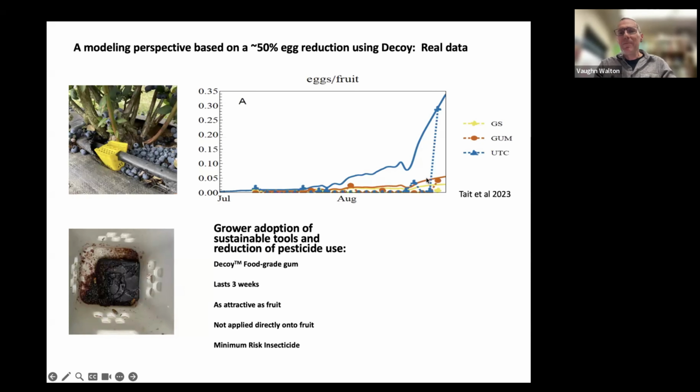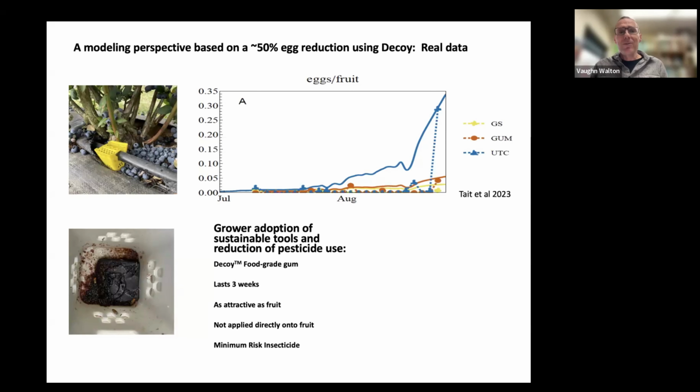Then the green or yellow line is the grower standard. And so you can see from this slide that it's not quite as good as grower standard. With grower standard, we're talking about compounds like Entrust being used, peroxyacetic acid and Grandivo and others.